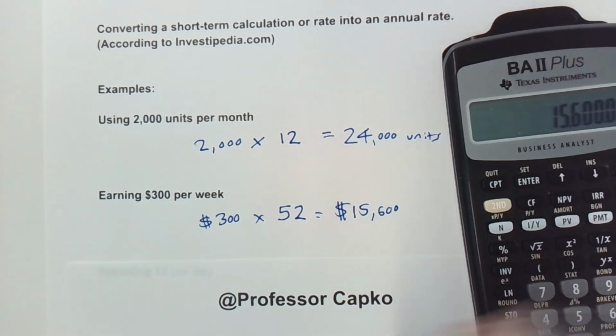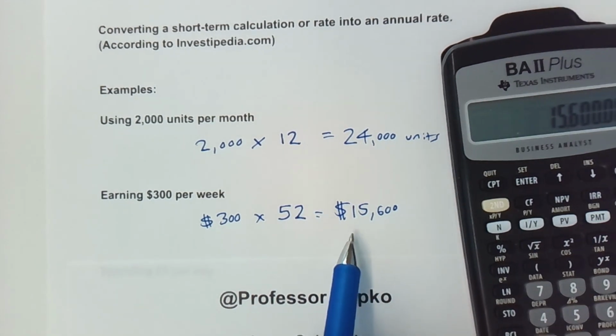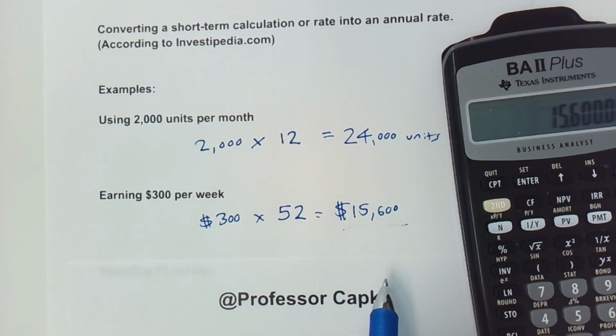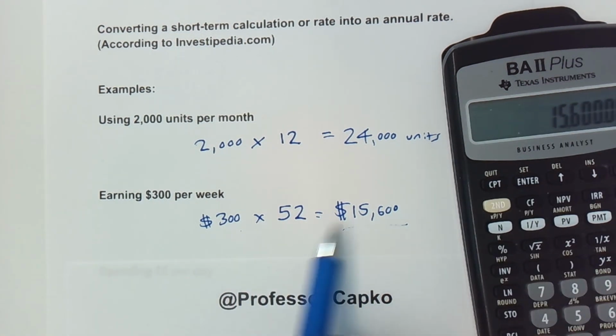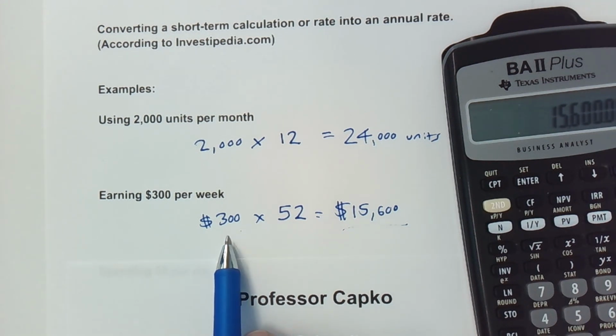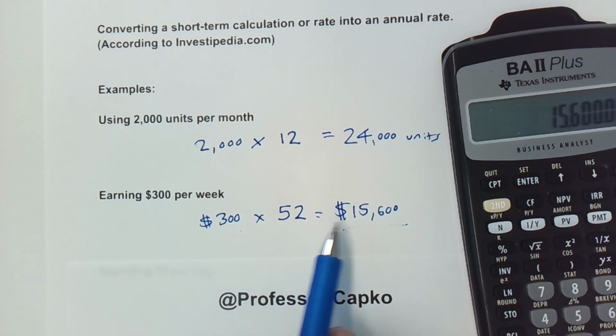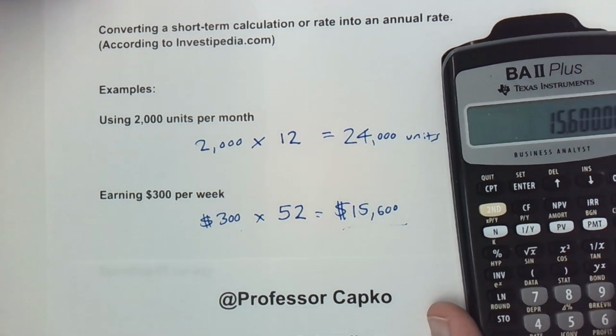So we've now annualized the $300 per week to an annual figure of $15,600. So someone was earning $300 per week, and we wanted to know what's that annualized? In other words, how much are they making per year? Well, assuming nothing changes over the 52 weeks, they would be earning $15,600. Let's do one more example to make this clear.